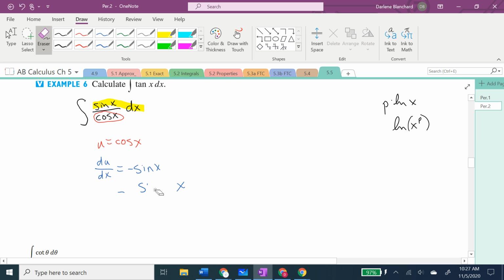So I'm going to go all the way back over to here where I have the derivative, and I'm going to multiply my dx to the right side, and then I'm going to divide du by negative sine x.